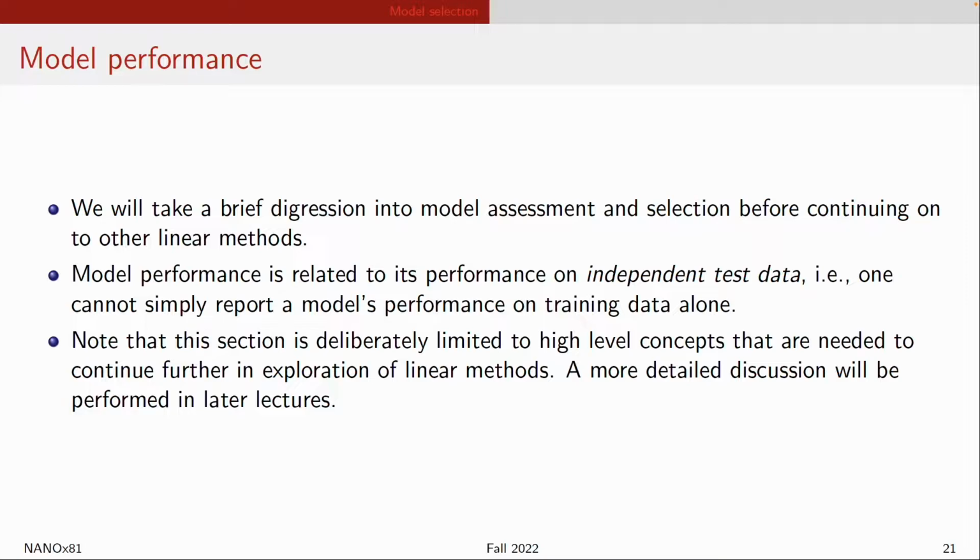When you build a machine learning model, you want some metric of how well that model is going to perform on unseen data. So this is where concepts like model performance come into play. When we talk about the performance of a machine learning model, the performance is always measured relative to independent test data.